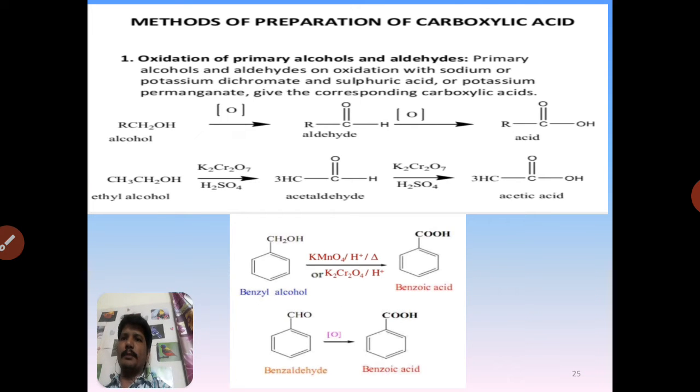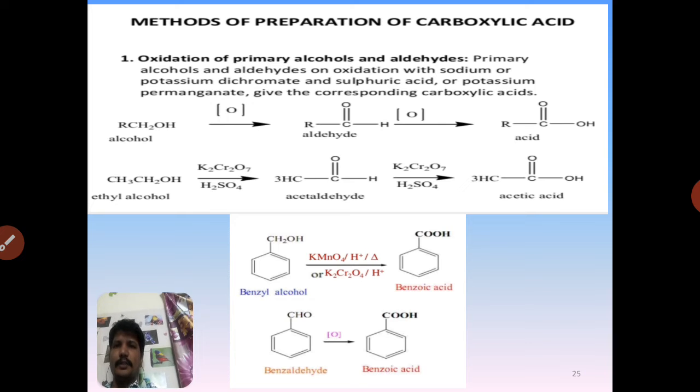The first method for the preparation of the carboxylic acid is the oxidation of primary alcohol and the aldehyde. We know that when alcohols get oxidized by using the oxidizing agent, that is acidic K2Cr2O7 or KMnO4, potassium dichromate or potassium permanganate, alcohol first of all gets oxidized into the aldehyde.